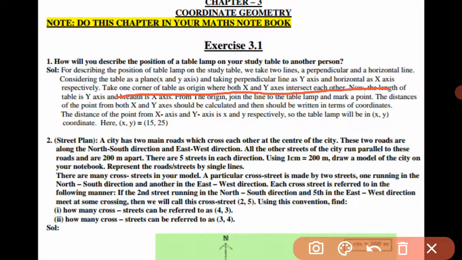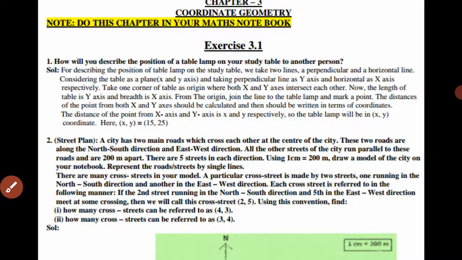Now the length of the point from both the x and y axes is calculated and written in the form of coordinates. Suppose the distance from the x-axis is 15 and the distance from the y-axis is 25. So we can write here 15 and 25.